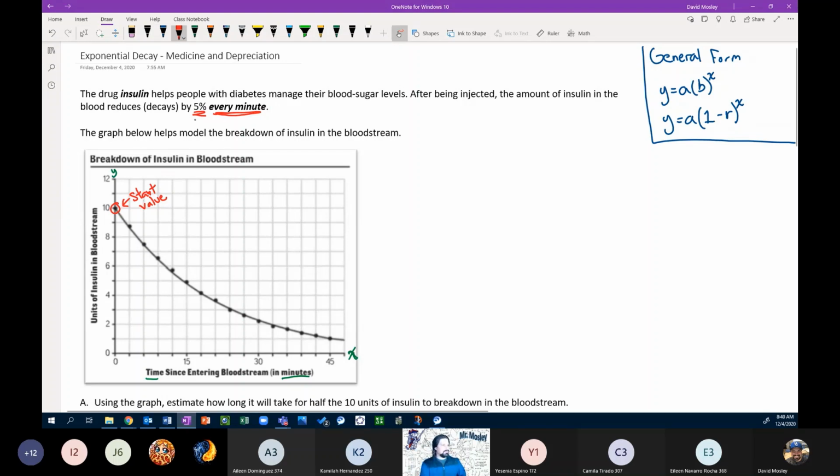Based on what we were given in the context here, we know it decays by 5% every minute. If it's decaying by 5%, what amount is left over? What percentage of the insulin is left over after 1 minute? I've lost 5%. What percentage is left over?